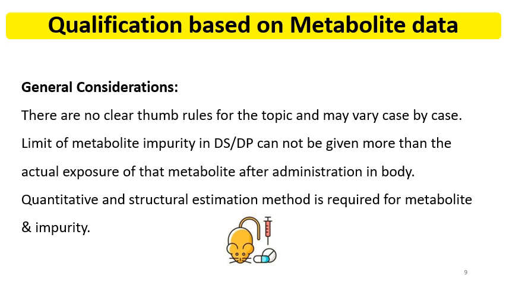It is a little bit tedious process, and it requires an understanding of the chemistry, analysis, stability, and also the pharmacokinetics. Then it also takes into consideration the quantitative and structural estimation method which is required for the metabolite and the impurities.